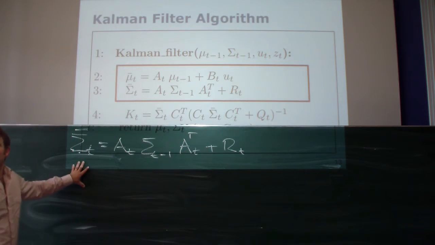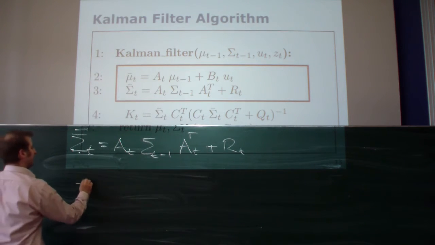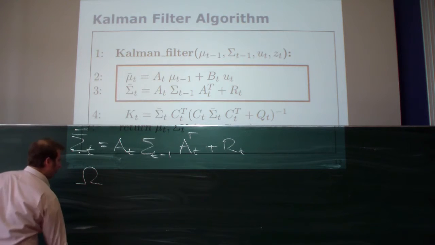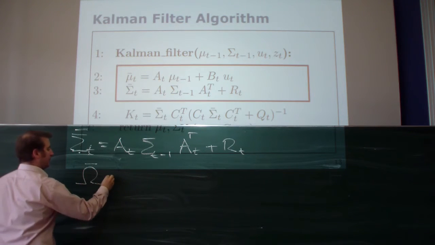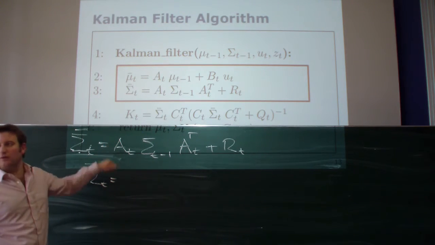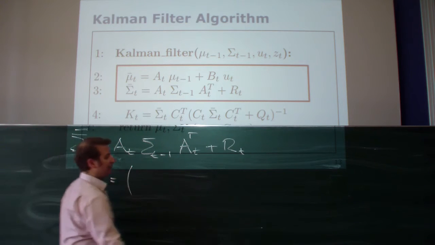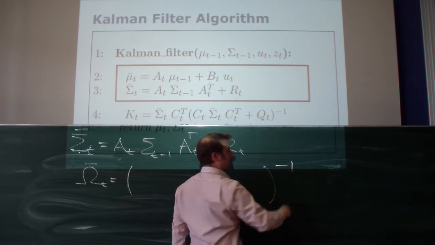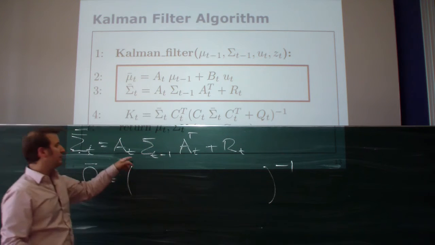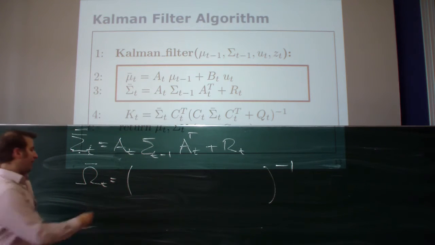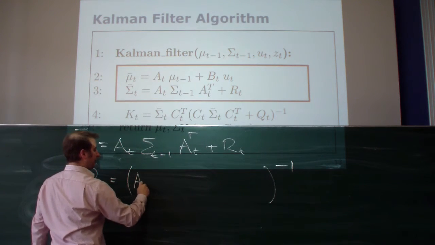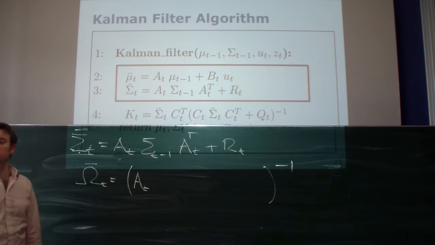And I want to have omega here, right? So I need to invert the whole term here. We should have something here to the power of minus 1. A_t, what else?